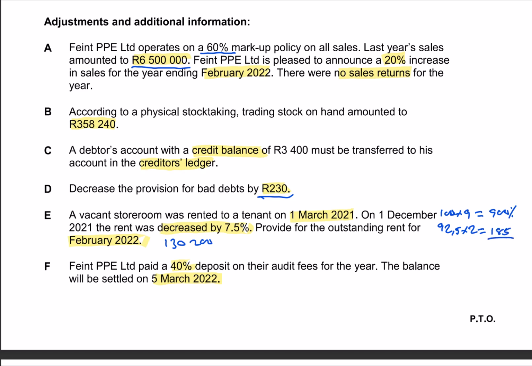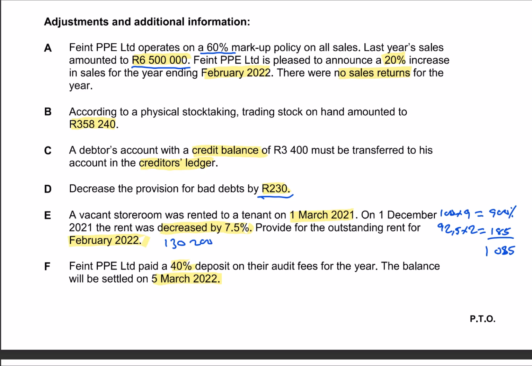So this total will give you 1,085. So we want to calculate the total of the last 2 months, because December and January.